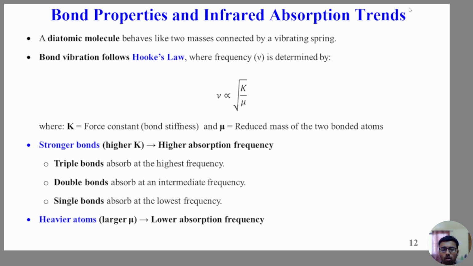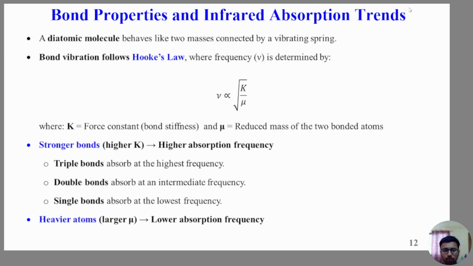If the force constant K increases, the vibrational frequency increases. This means stronger bonds vibrate at higher frequencies, and since wave number is directly proportional to frequency, stronger bonds appear at higher wave numbers in an IR spectrum.